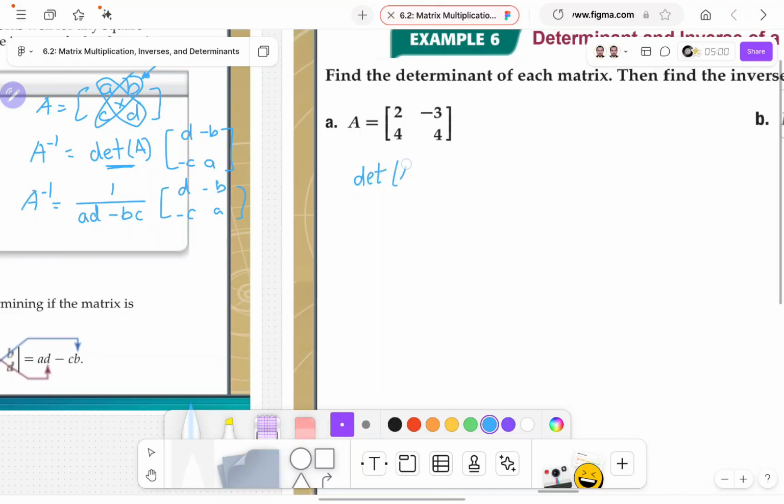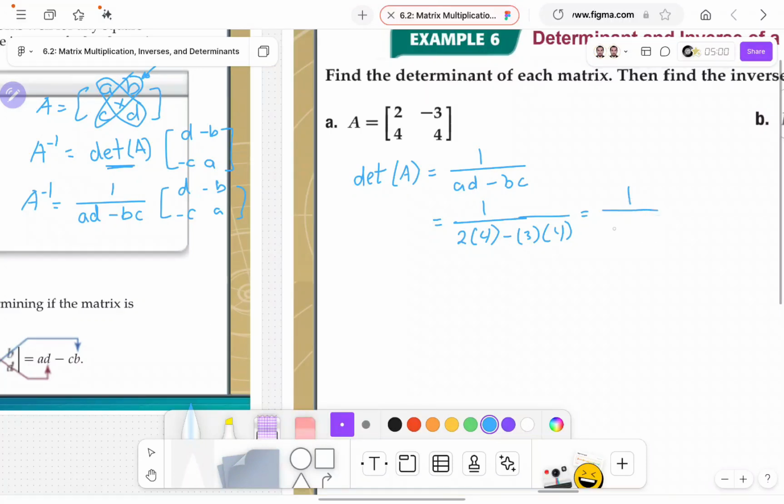To find determinant A: 1 over A times D minus B times C is equal to 1 over 2 times 4 minus -3 times 4, where 4 is C. Let's simplify this.